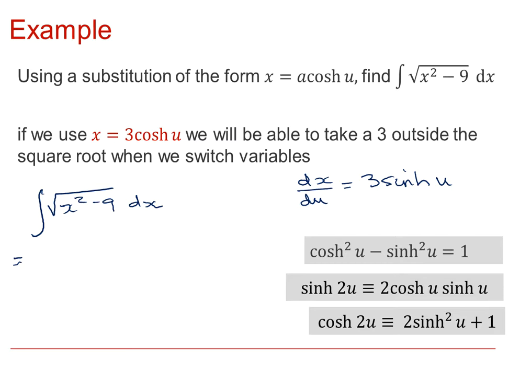So replacing the x's by u's would give us the square root of 9 cosh squared u minus 9, times dx by du, which is 3 sinh u, and then du.